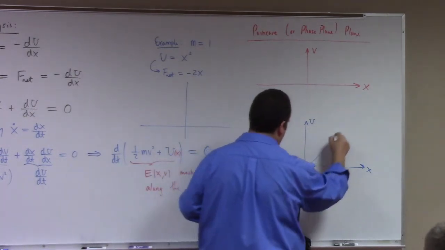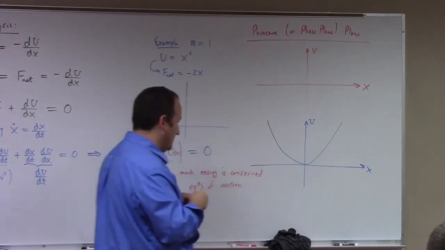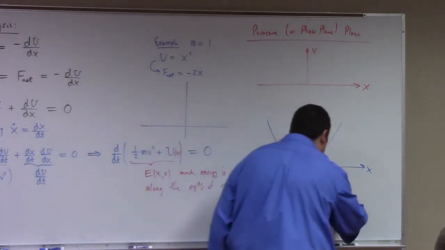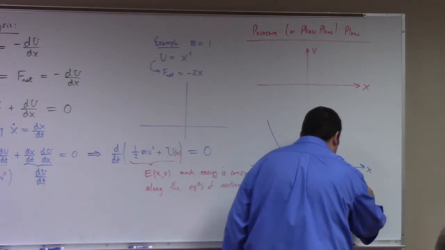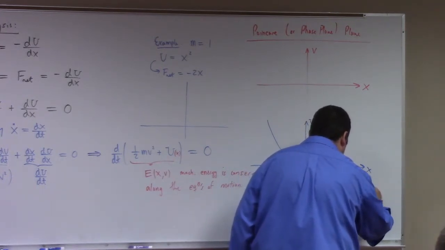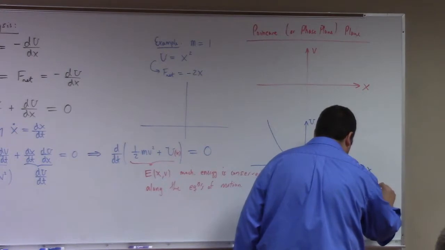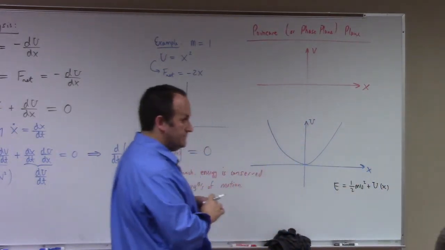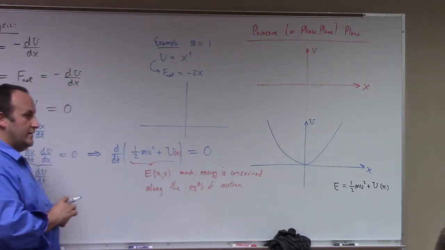And E is 1/2 mv squared plus the potential energy, generically speaking, but it's x squared here. Now that's going to be constant.